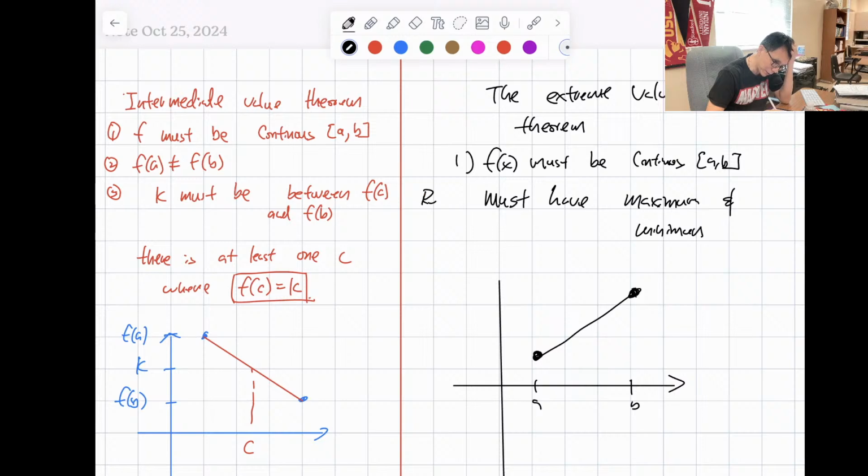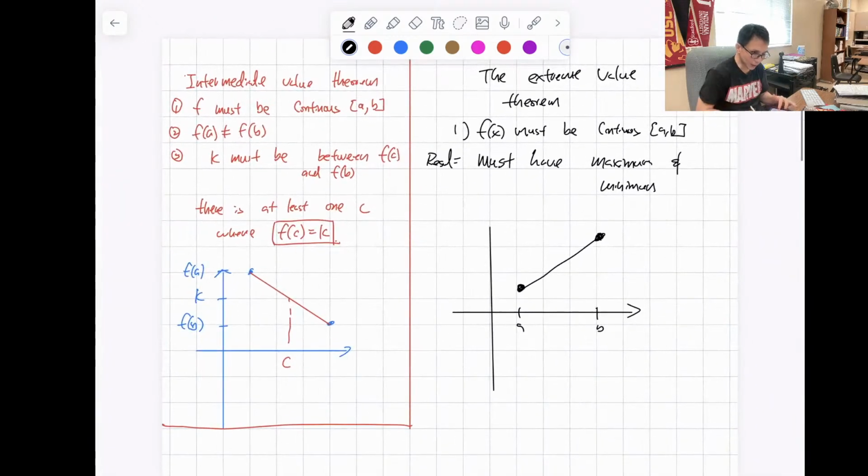And this is the result, right? You can have all the points as a maximum and minimum. It can be all points. You can be maximum and minimum at the same time if you have a straight line. That's a very rare condition. But yeah. Extreme value theorem. Is that understandable?